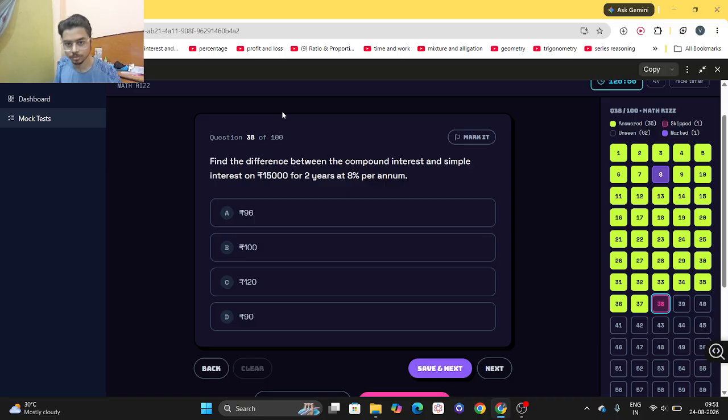And SI is equal to 15,000 into R into T upon 100. 300 into 8 is 2400. The difference is 96.